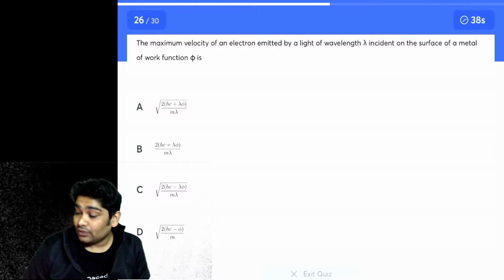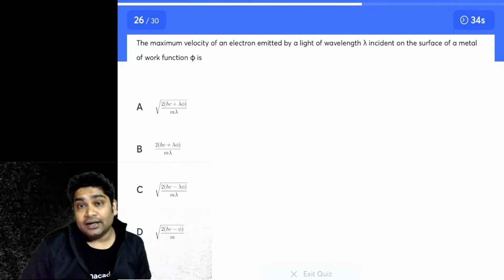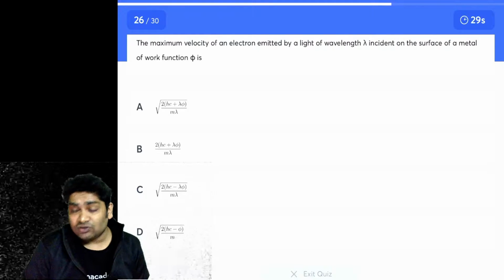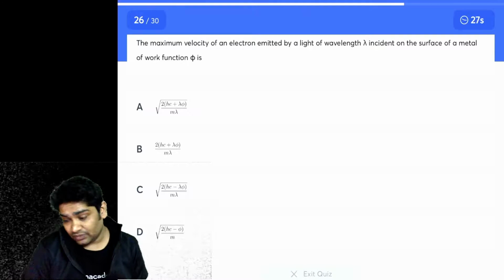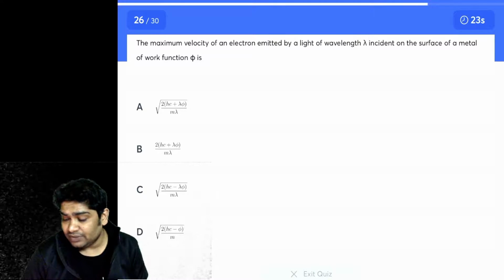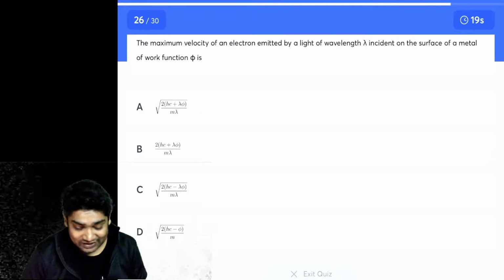You've been told that light of wavelength lambda is hitting a surface of work function phi. What would be the maximum velocity of the ejected electrons? It should be easy. Okay, last 20 seconds left.